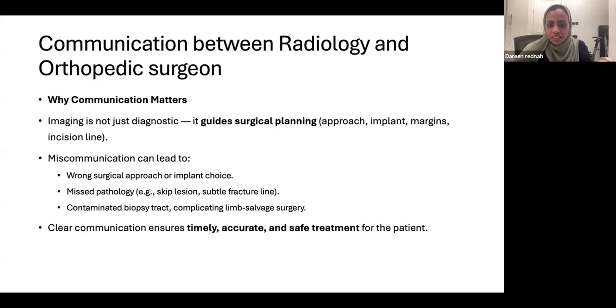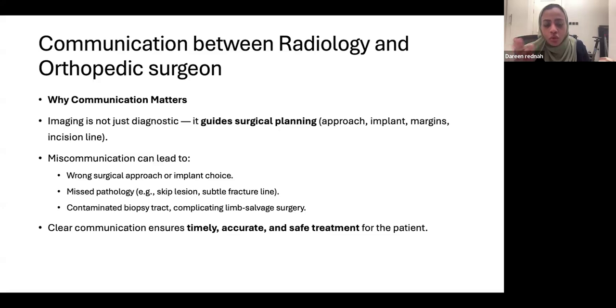Missed pathology like skip lesions or subtle fracture lines. This is important. Contaminated biopsy tract. The surgeon did not tell the radiologist that he will go through the medial approach of the femur, and this radiologist, for example, took the biopsy from anterior.